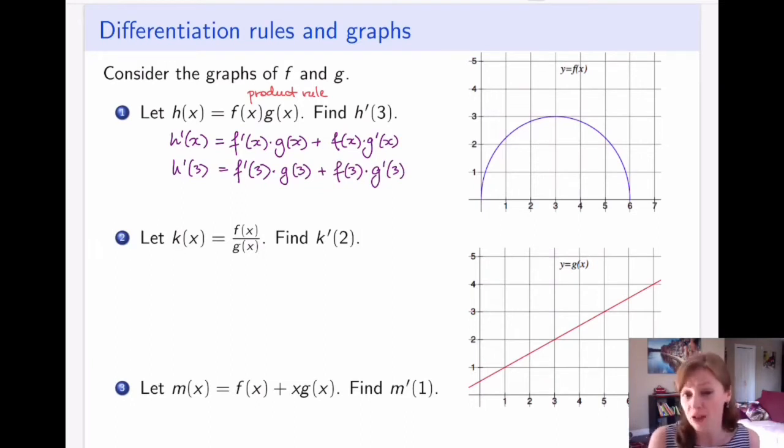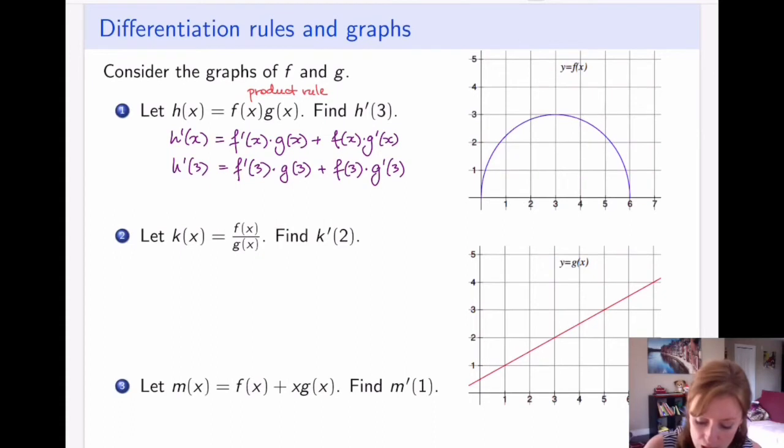And now for the values of those particular pieces, all I have to do is look at the graph and figure out what those values are on the graph, okay? So for example, f prime of 3 here, remember that on the graph, the derivative is the slope of the tangent line at 3. So at 3 here, this is where this point is.